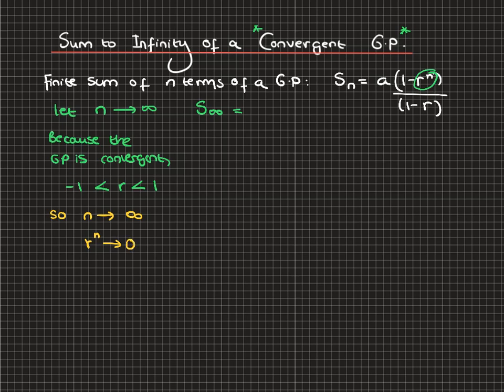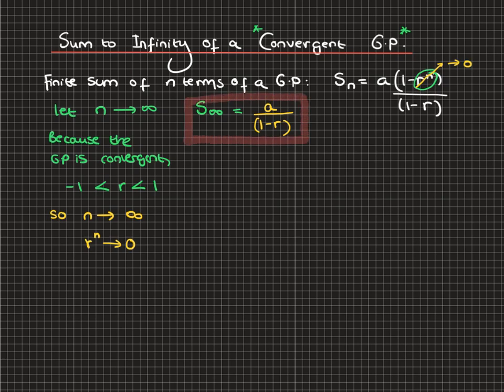So as we're working this through, we can effectively discount r to the n because it will approach 0, which means in the numerator we just have a multiplied by 1. So the numerator just becomes a, and the denominator is 1 minus r. And this is an extremely important formula.